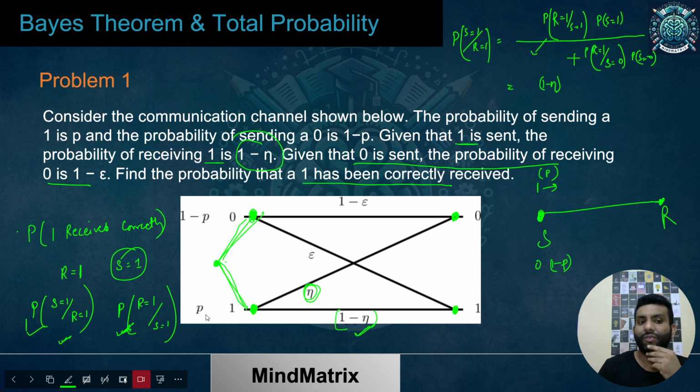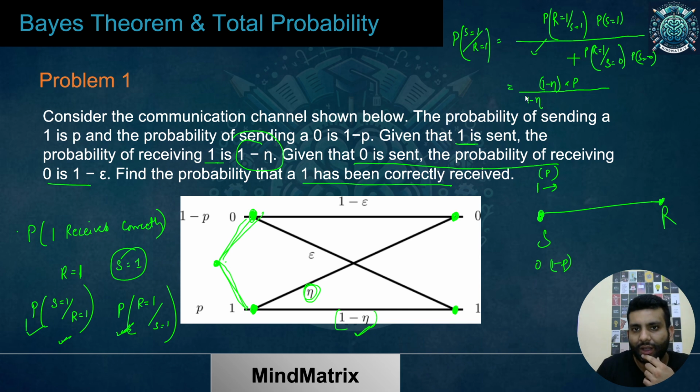The 1 was sent with probability P. So the denominator will repeat 1 minus eta into P, plus what else? If 0 was sent, what was the probability of receiving 1? It was epsilon, times the probability of sending 0, which is 1 minus P.